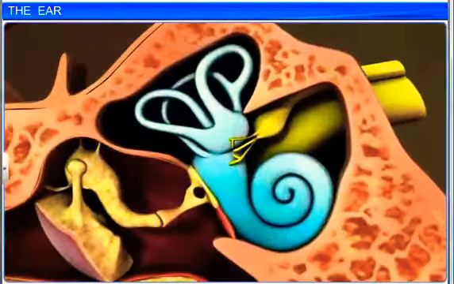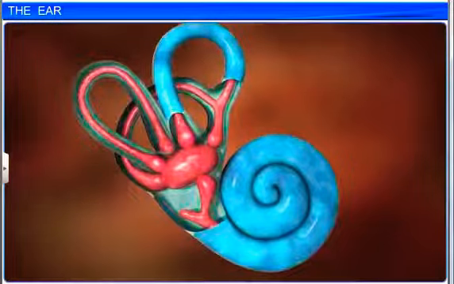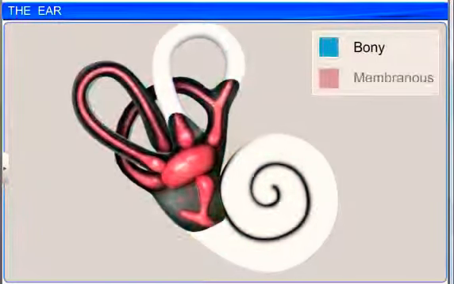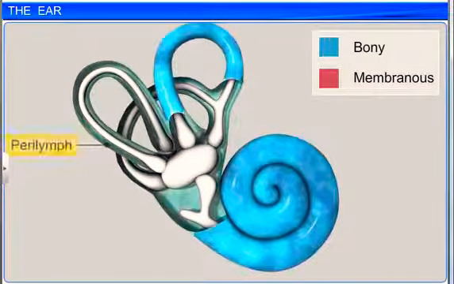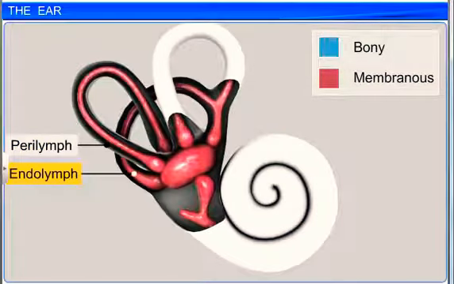The labyrinth is of two types: bony and membranous. The bony labyrinth is a series of channels filled with a fluid called perilymph, while the membranous labyrinth lies within the bony labyrinth and is filled with endolymph.